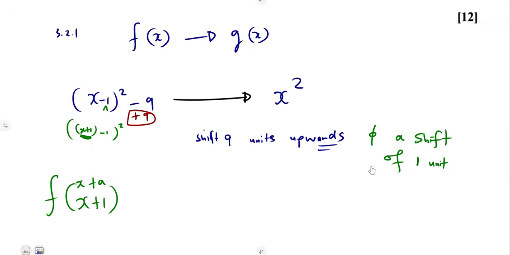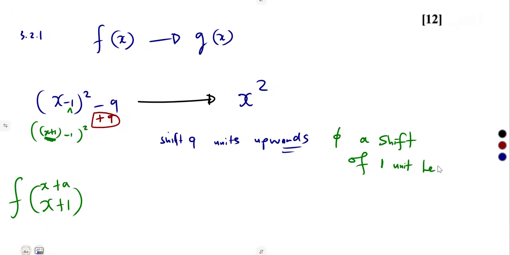1 unit to the left, or you can just say leftwards. Horizontally to the left. We have neutralized it to x squared. So just figure out what happened. What is it that I'm going to do to make it be x squared? Get rid of this.